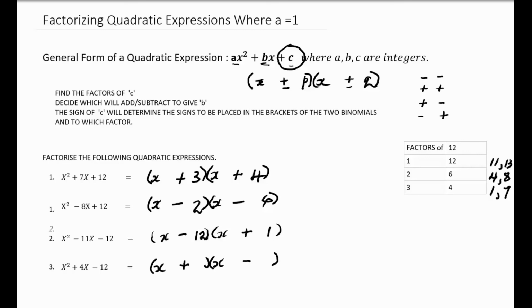The only two factors that can either add or subtract to give us 4 are 2 and 6. And since the sum is positive, 6 must be here and 2 must be here. And that concludes the process by which we can factorize quadratic expressions when a is equal to 1.